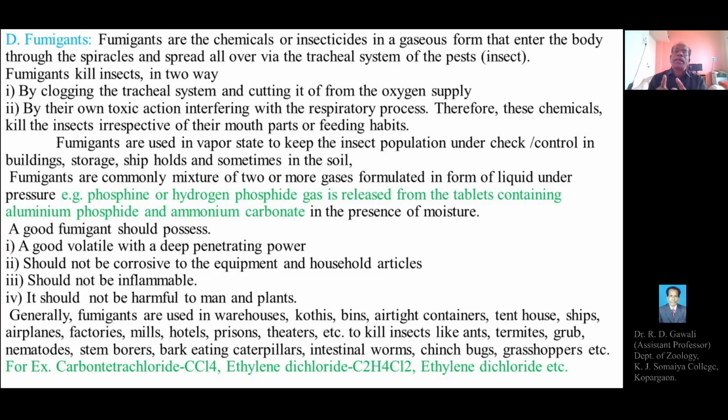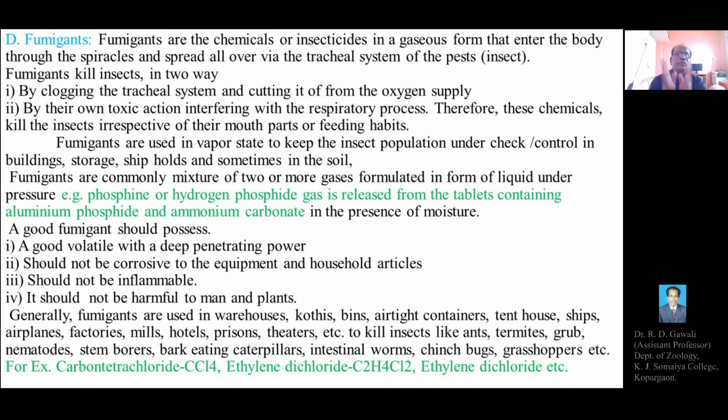So this is the best practice. The fumigation technique can be practiced for the control of stored grain pests in closed, airtight conditions, for the destruction of pests in warehouses, godowns, cottages, theaters, hotels, factories, aeroplanes, and tent houses.